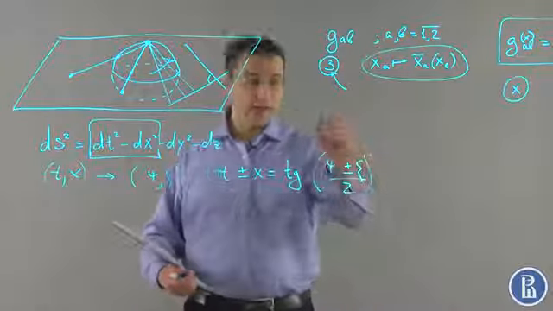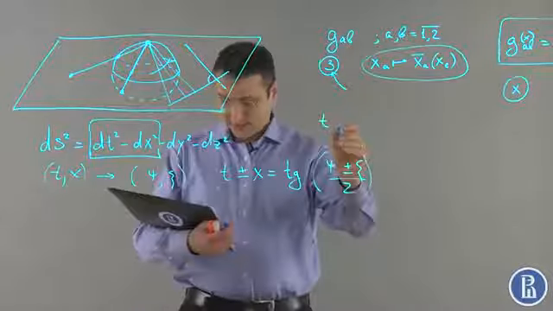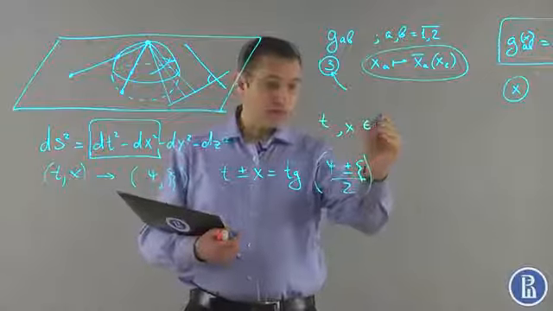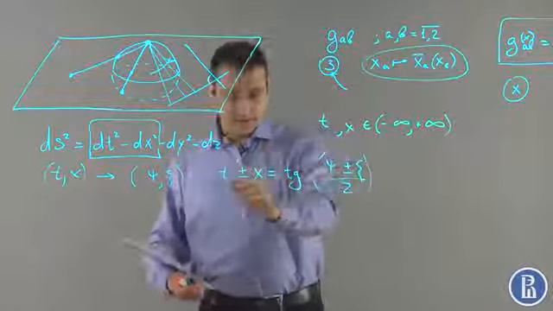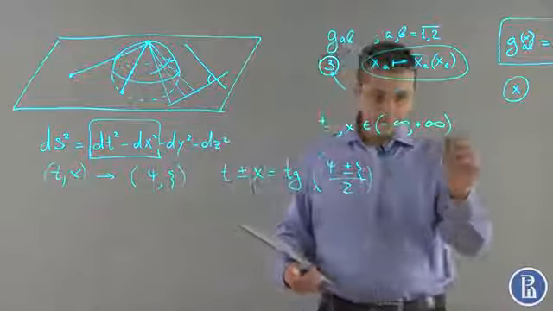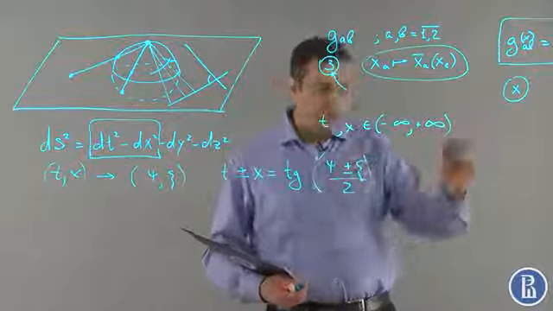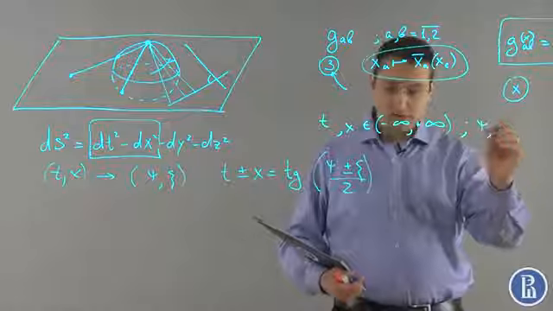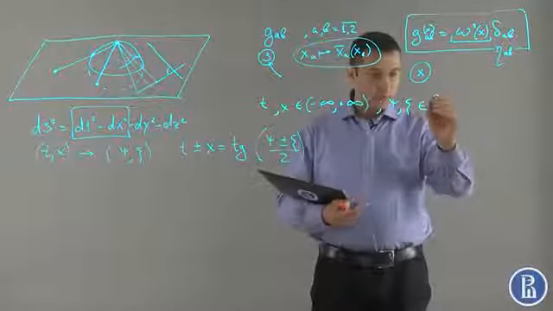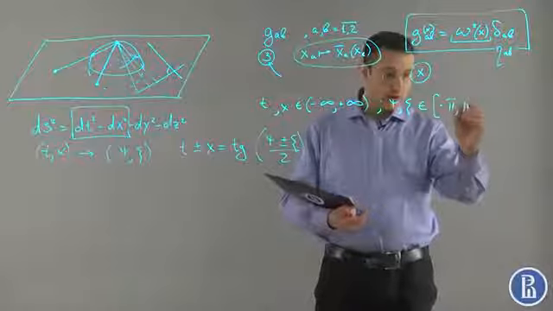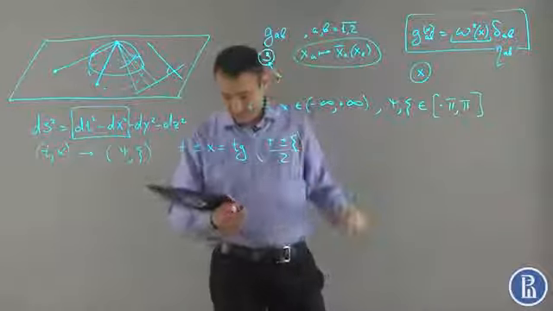Notice that while t and x range from minus infinity to plus infinity, psi and xi have to range in the region from minus pi to pi, because we are using tangents here.